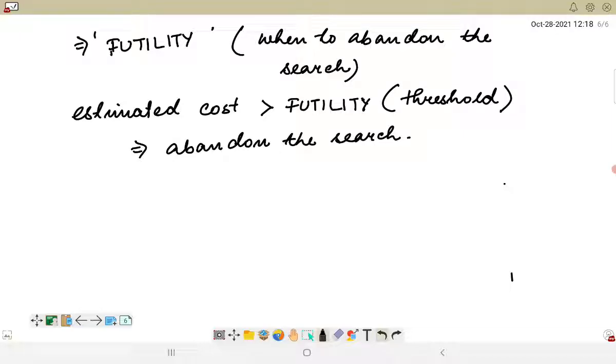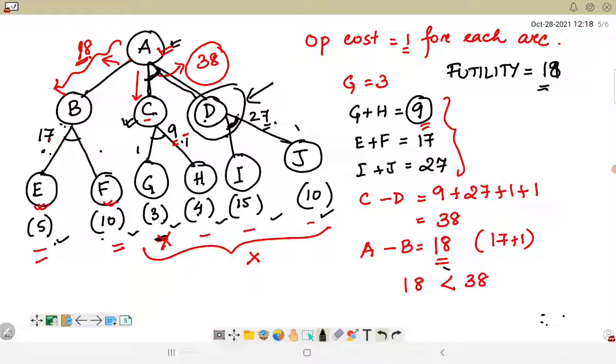Now suppose I had associated a futility factor of 15, and even if I have a solution through 18, or a solution through B or C and D, I will abandon the search of that particular solution because it is crossing the futility factor.